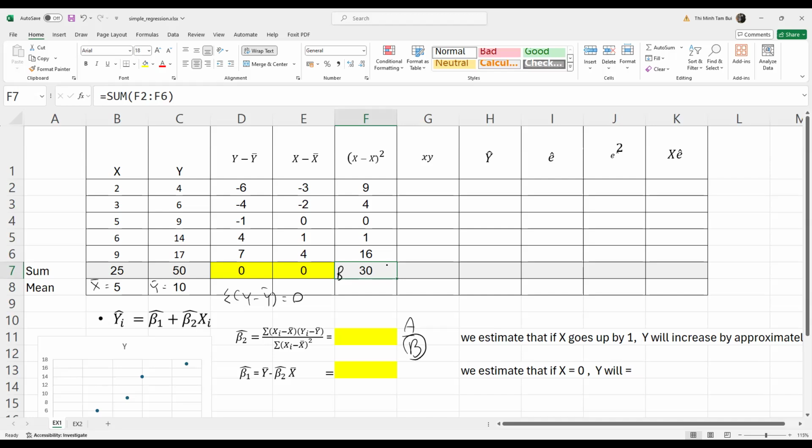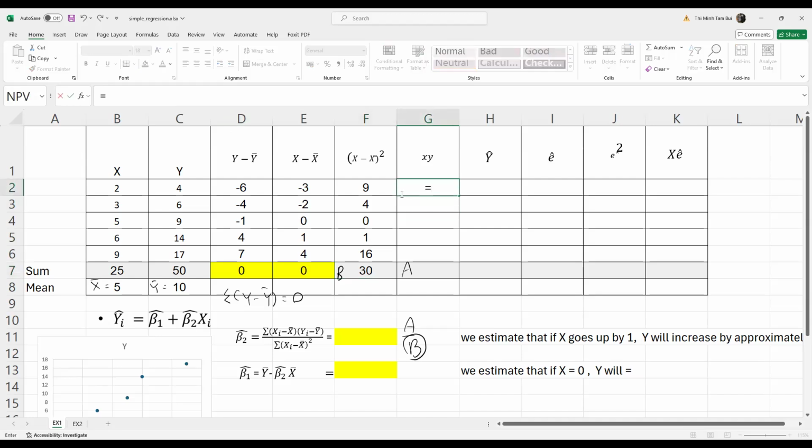Next, the A part. They would like you to do x minus x bar, y minus y bar. So I shorten this to be small x and y. It means you have to use this cell and this cell together, and then sum it, you will get the A part.